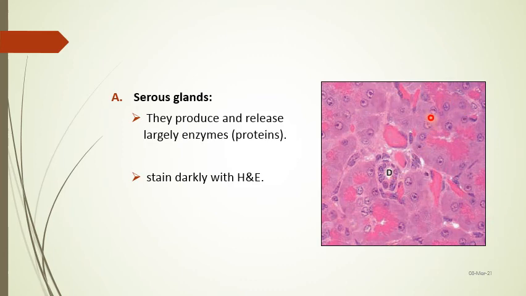We see serous glands. These are serous secreting cells, and this stands for duct. This is an example of serous gland. As we see, this is acini, lumen of the acinus, and this secretory product red.